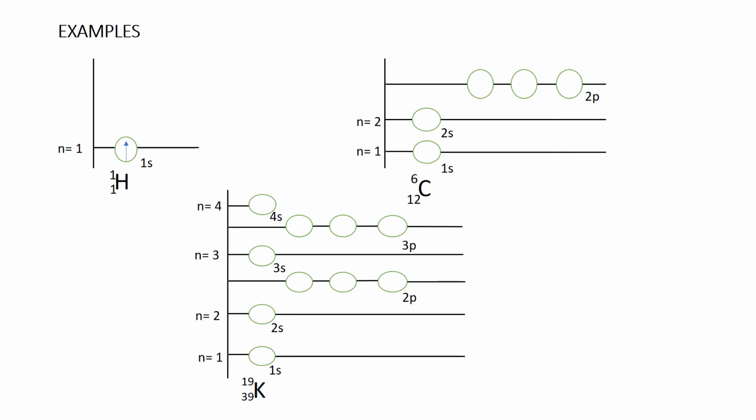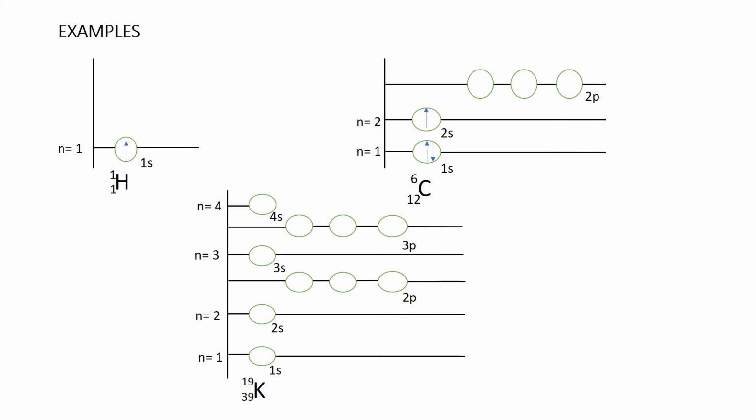And then we have carbon. Carbon has 6 electrons because it has 6 protons. How are we going to represent that? First, we write the first electron in the 1s orbital, and then we write the second electron in the 1s orbital to make sure that the first energy level is full.